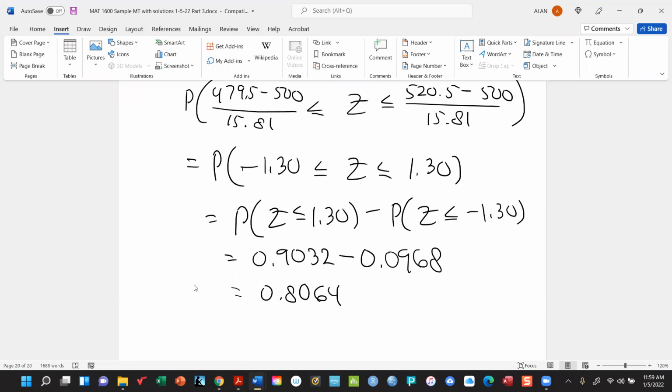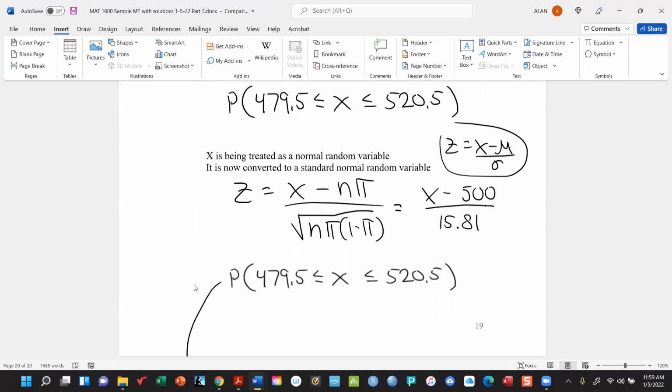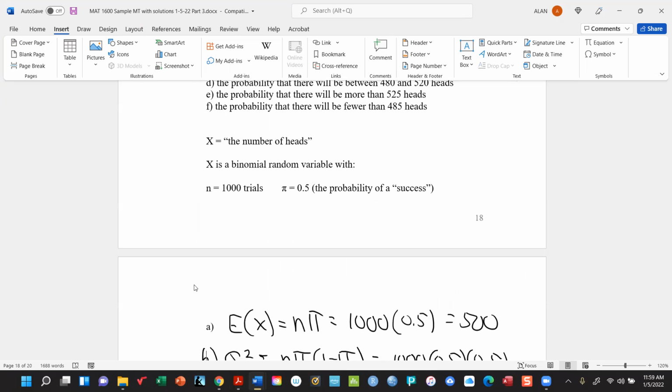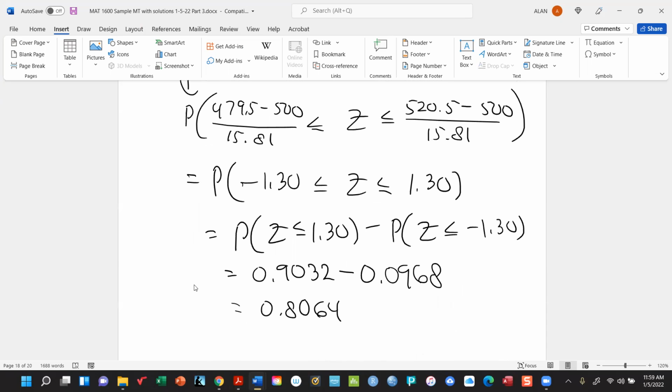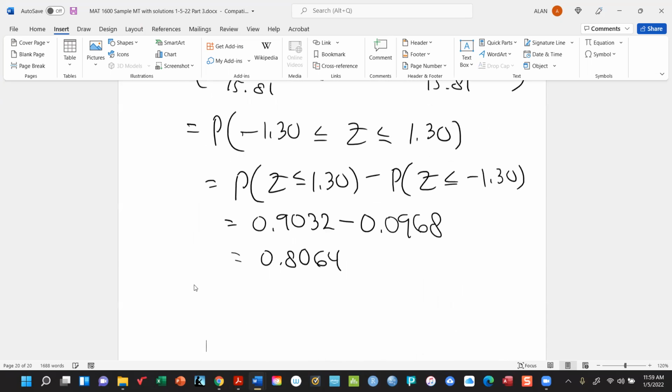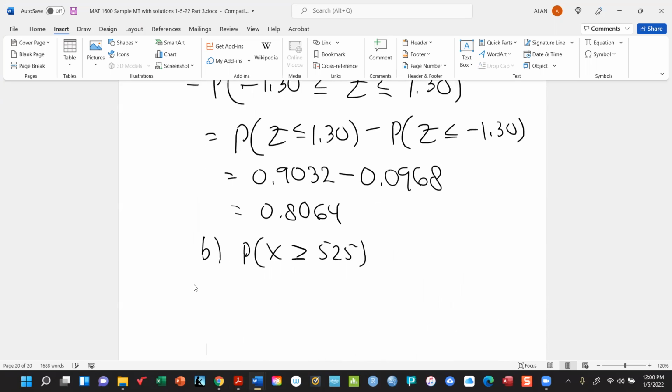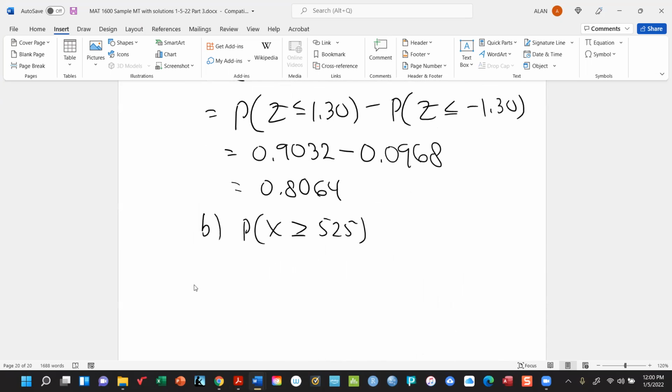Okay, now for the next part, it's asking for more than 525 heads. Now, this is actually the lower limit. So what we usually do in these cases is you can first rewrite this. And what we're going to do is just adjust the lower limit.